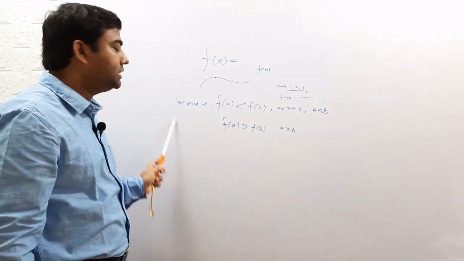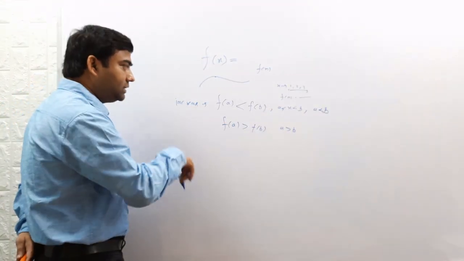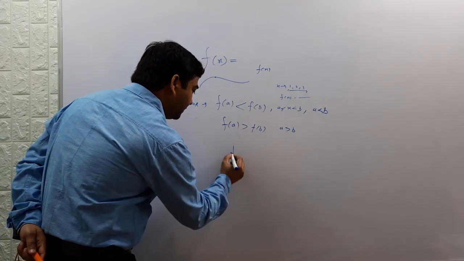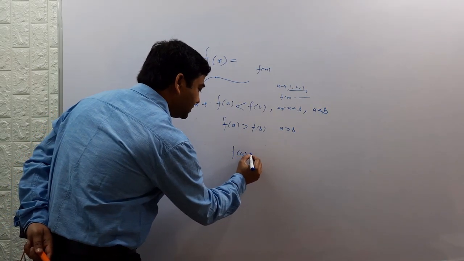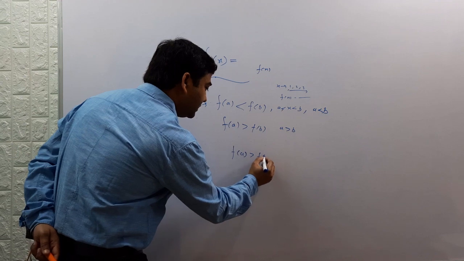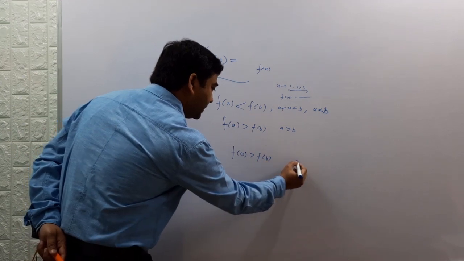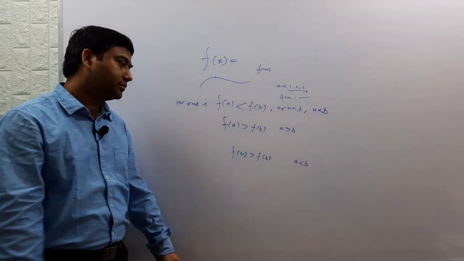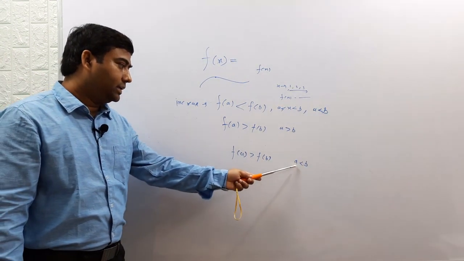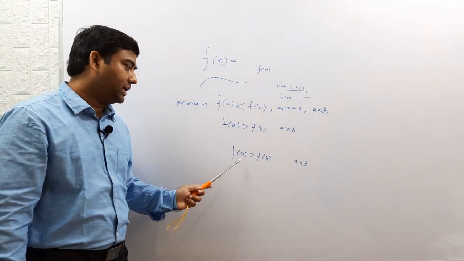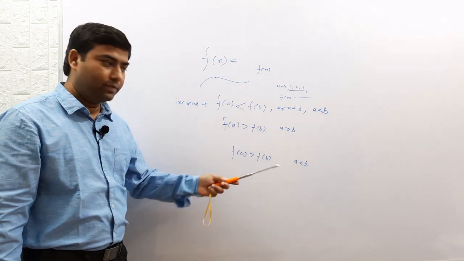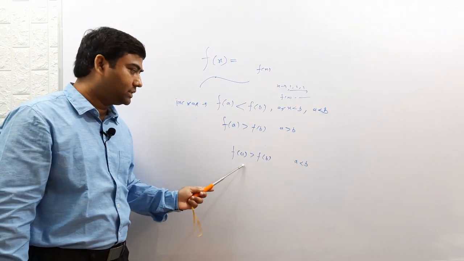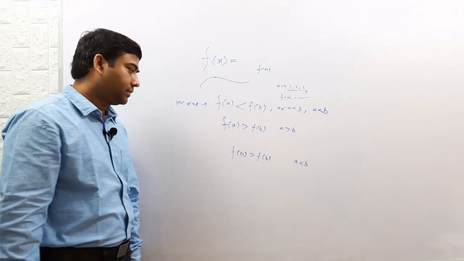That is an increasing function. Similarly, for a decreasing function, f(a) is greater than f(b) when a is less than b. When a is less than b, but f(a) is greater than f(b). When the value of x decreases, the function value increases.